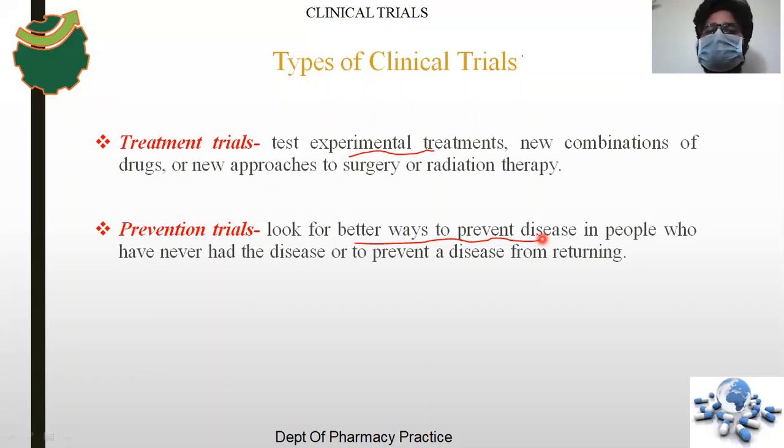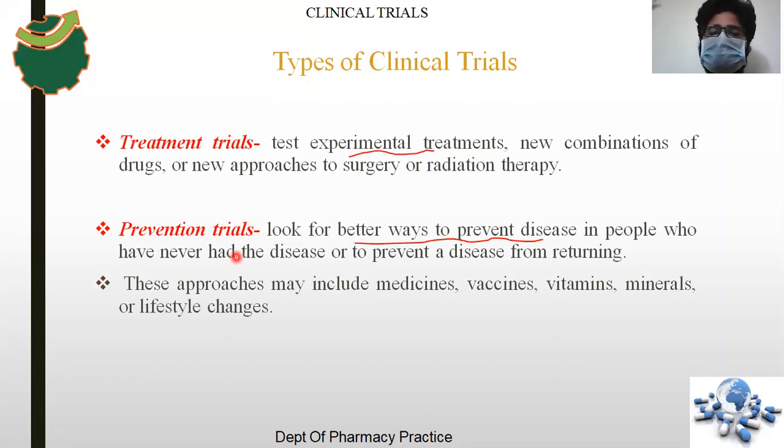So that is a prevention trial. You are preventing the disease from happening. These prevention trials can include medicines, vaccines, vitamins, minerals, or lifestyle changes for obesity or diabetes or those kinds of things. Prevention trials can include any one of these.